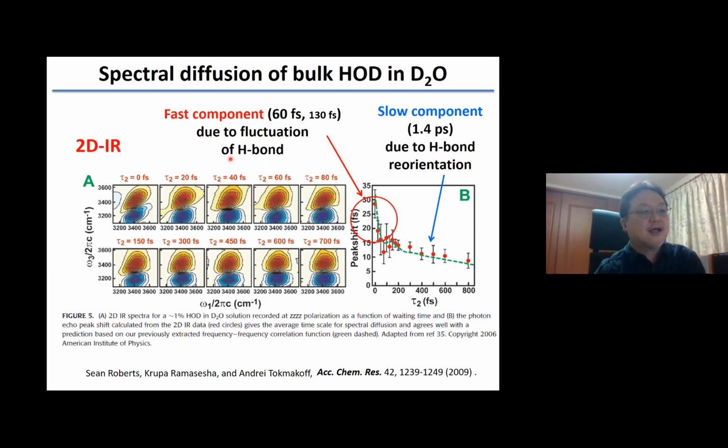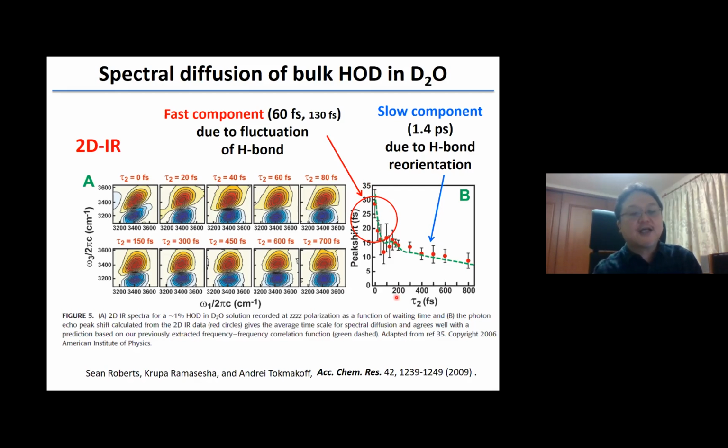This is the correlation function of the hydrogen bond in the bulk, which is taken from Andrei's paper. And it is known that the correlation of the hydrogen bond in bulk water decays in a bimodal way.